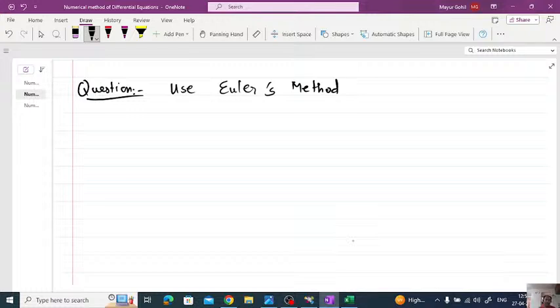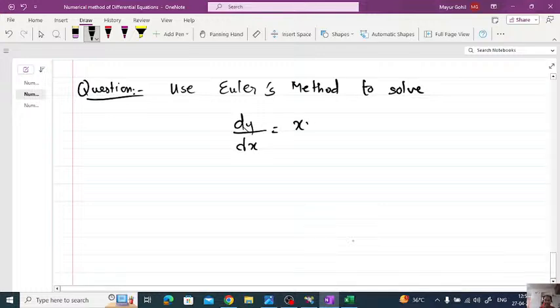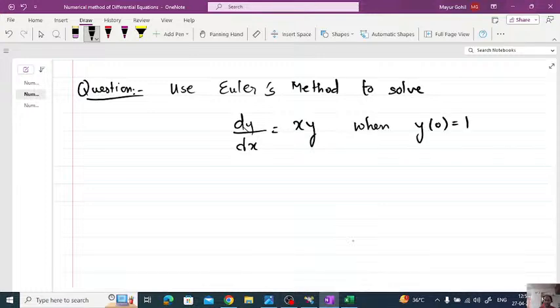So Euler's method to solve dy by dx equals to xy when y0 is 1, find y 0.4.